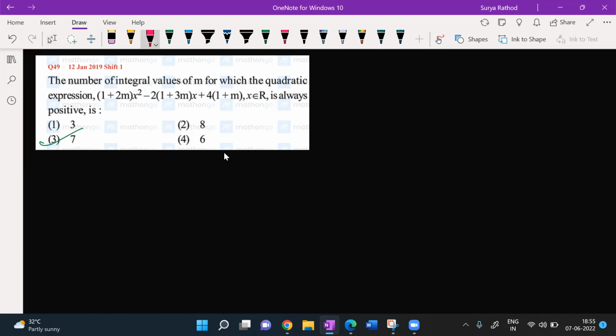Sum of the integral values of m for which the quadratic expression, this one, for x belonging to R, is always positive. Make it fast.